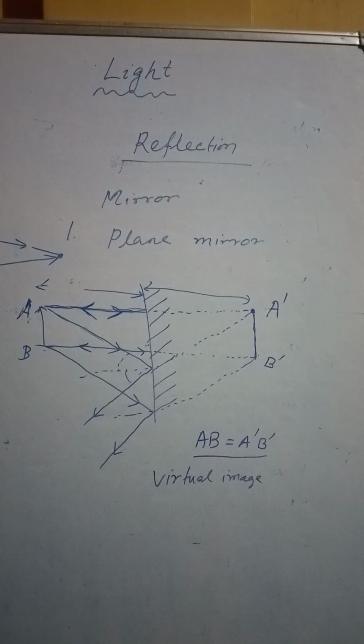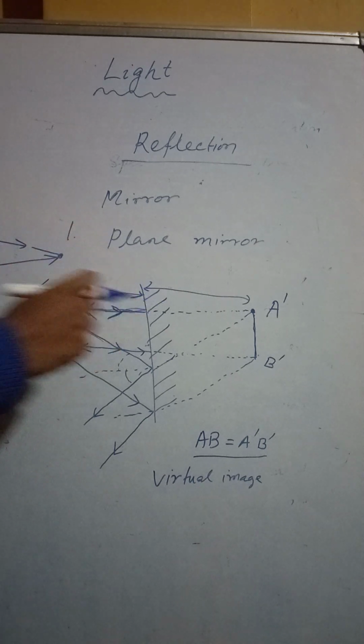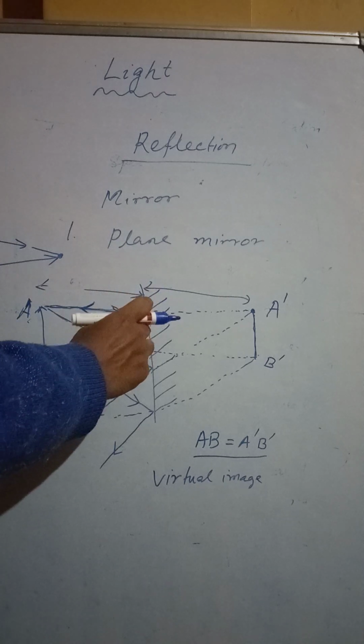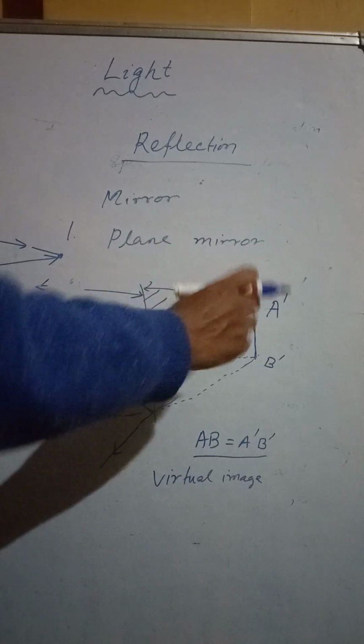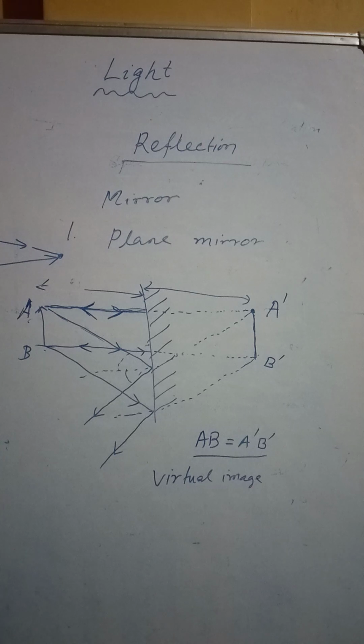The image is behind the mirror at the same distance, and it is a virtual image. These are the characteristics of a plane mirror.